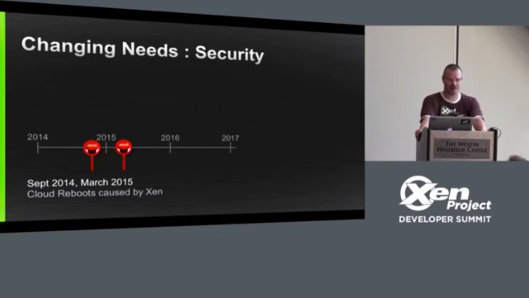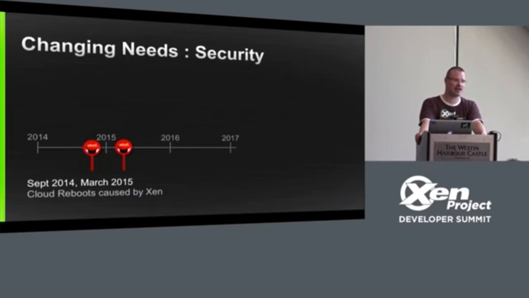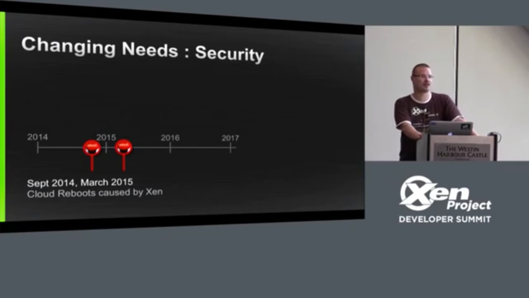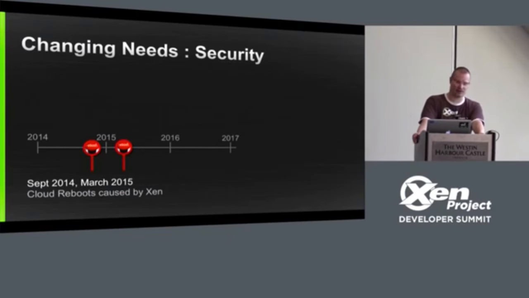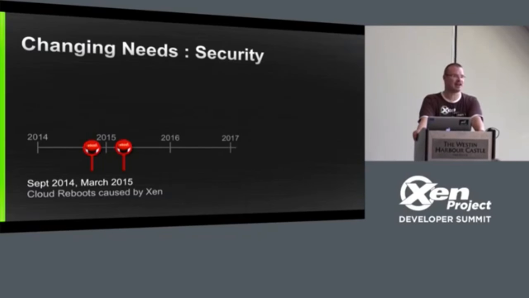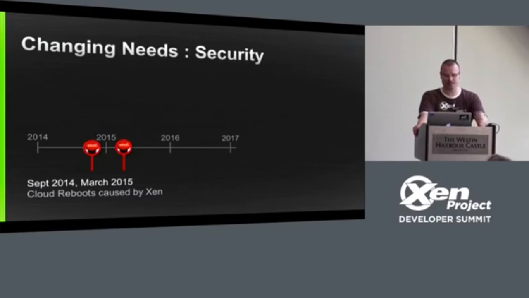And for us, really the start of basically being pushed into the limelight as a project happened in September 2014, and then to a lesser degree a few months afterwards when Xen vulnerabilities triggered a reboot of part of Amazon and other cloud providers.